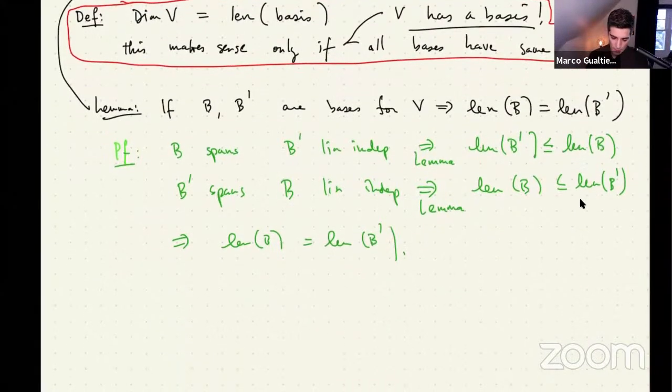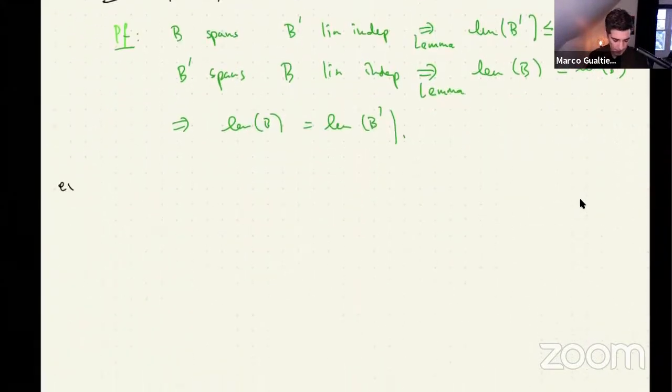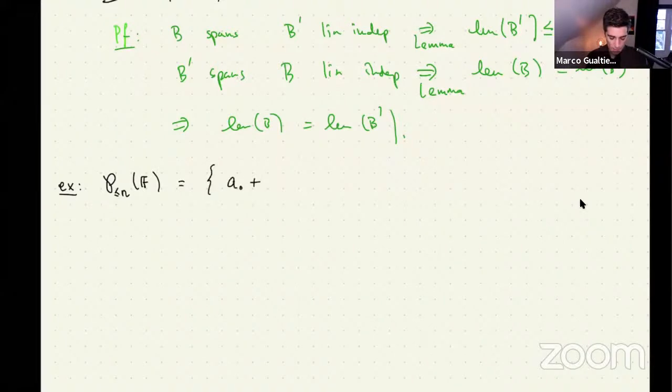Okay, so for example, let's say that we take the polynomials of degree less than or equal to n, with coefficients in a field. So this is the set of all a0 plus a1 x all the way up to an x to the n, where the ai's are in the field.